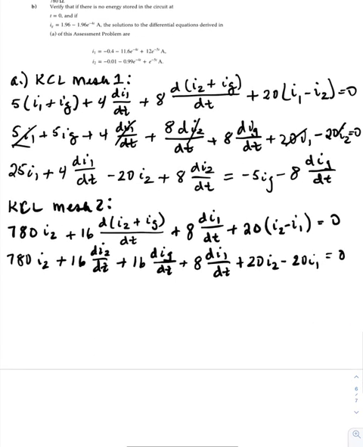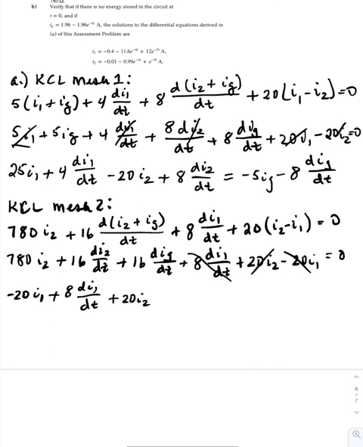And let's clean this up a little bit. Minus 20 I1 plus 8 di1 over dt plus 20 I sub 2.